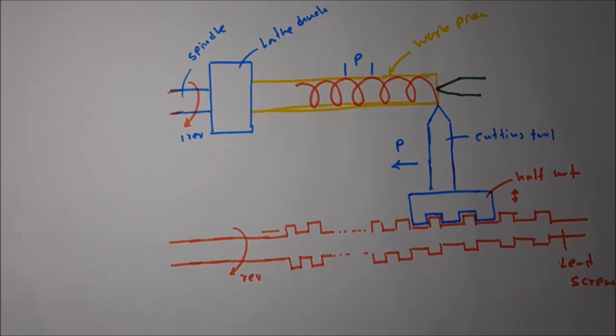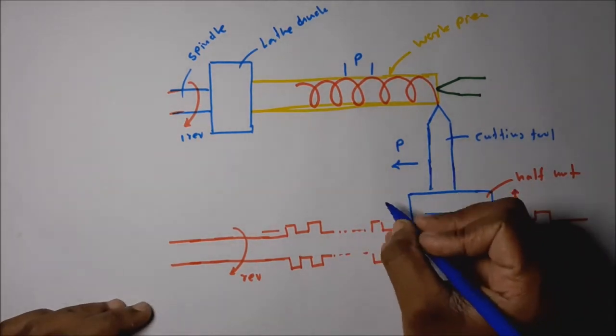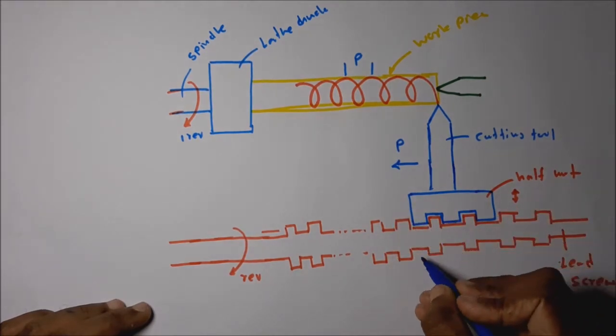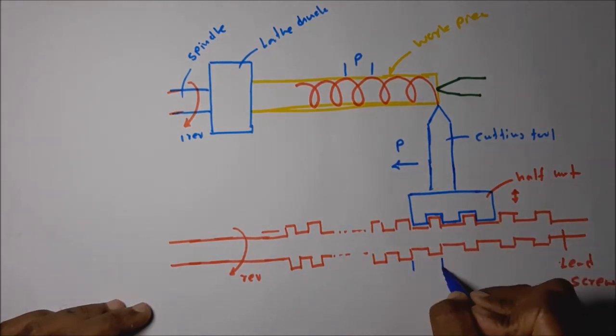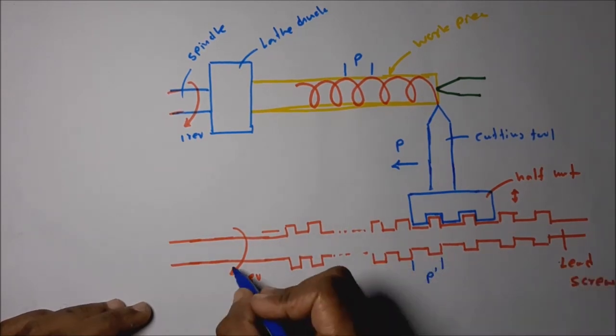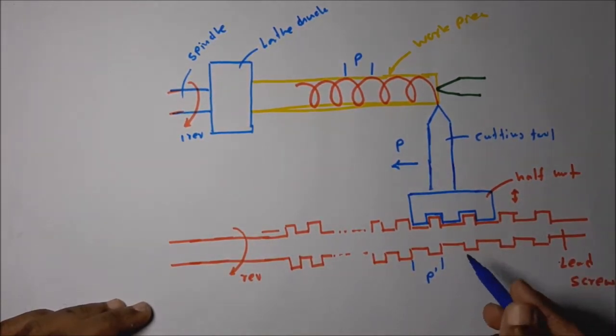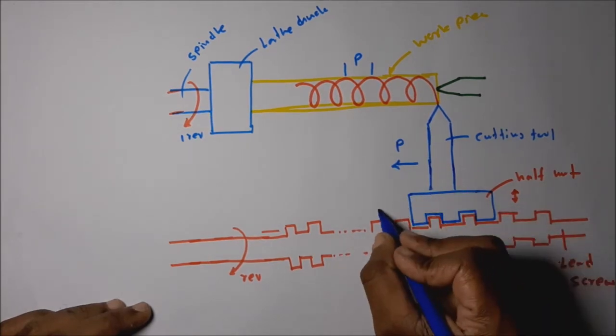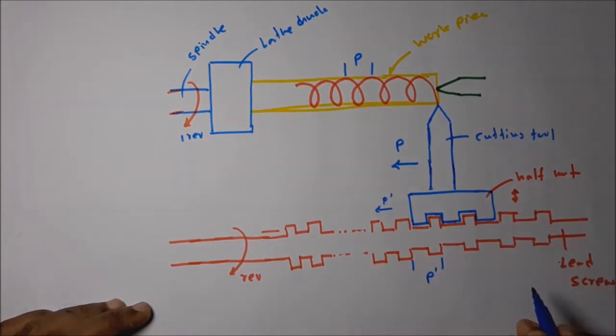So what is actually happening here? Let's take this lead screw having a pitch of P dash. Okay, per one revolution of the lead screw, what is the tool travel? That is equal to P dash.